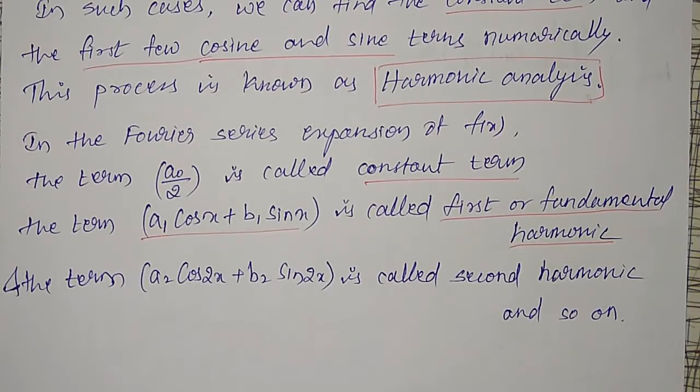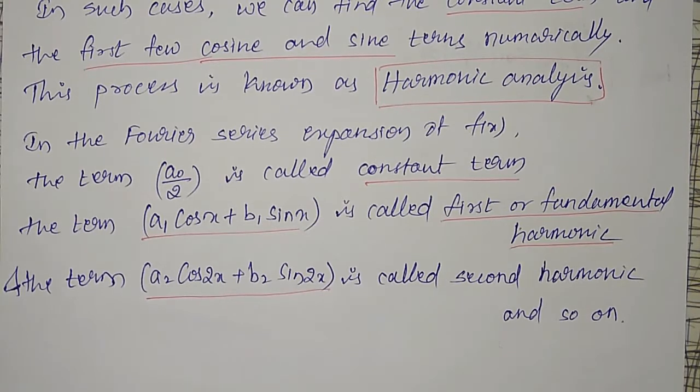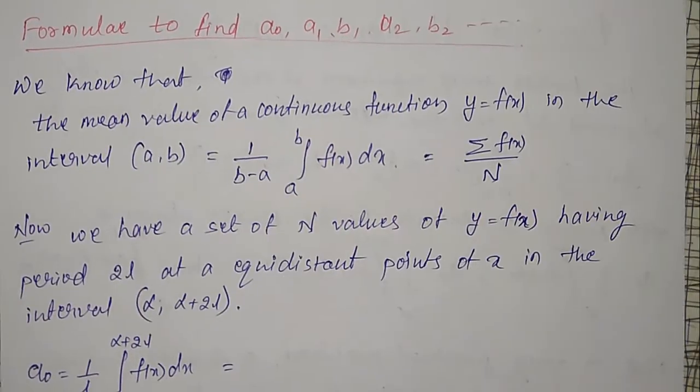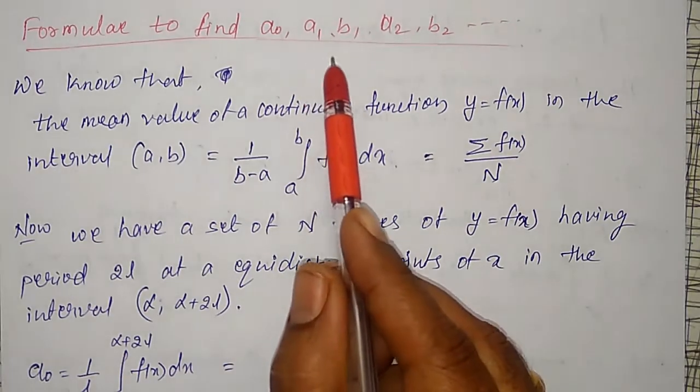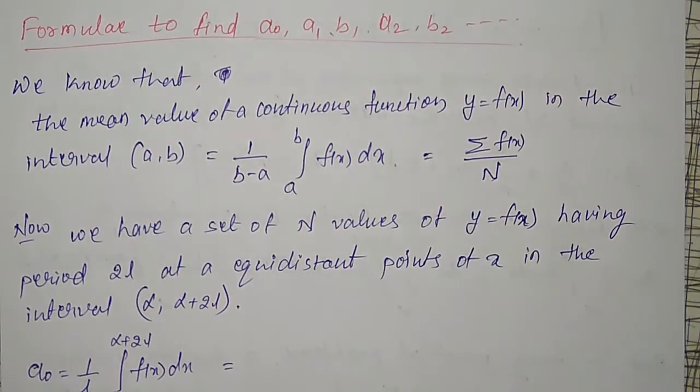Like that, a2 cos 2x plus b2 sin 2x is known as the second harmonic, and so on. Then how to find these Fourier coefficients, the constant term a0, a1, b1, a2, b2, we'll discuss one by one. Next is the formula to find a0, a1, b1, a2, b2 and so on.